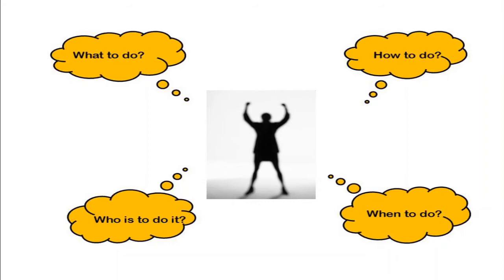In fact, it is deciding in advance what is to be done and how it is to be done. Further, planning also demands to be answered as to when it is to be carried out or executed. And another very important question that is concerned with planning is who is to do it?